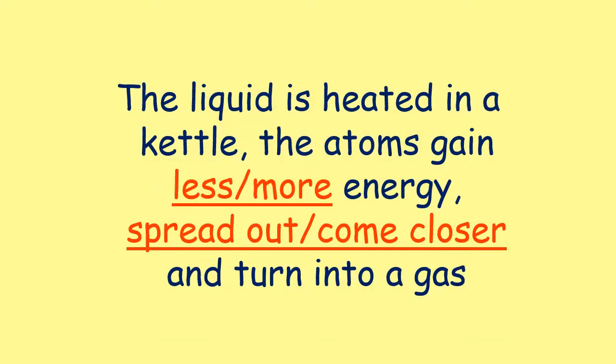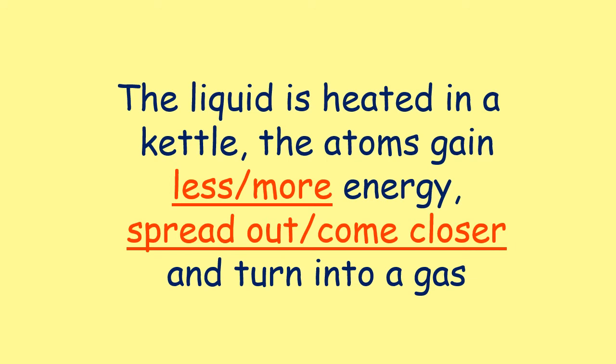This time, for the words in orange, you have to choose which word is more correct. The liquid is heated in a kettle. The atoms gain more or less energy, and as a consequence, do they spread out or come closer together to turn into a gas? There are two parts to this.